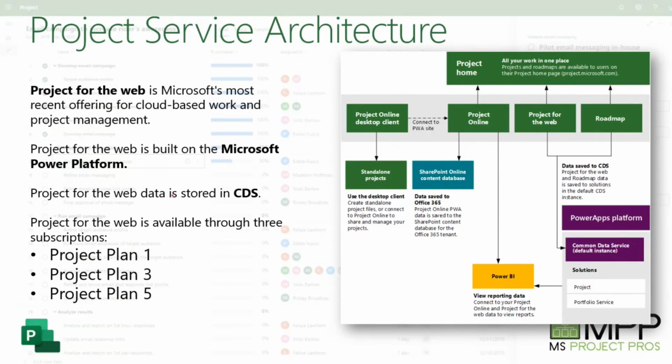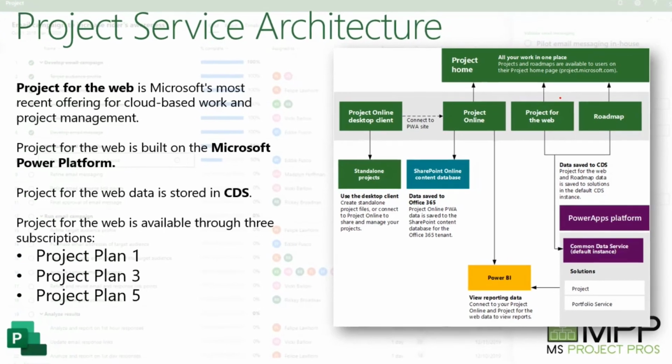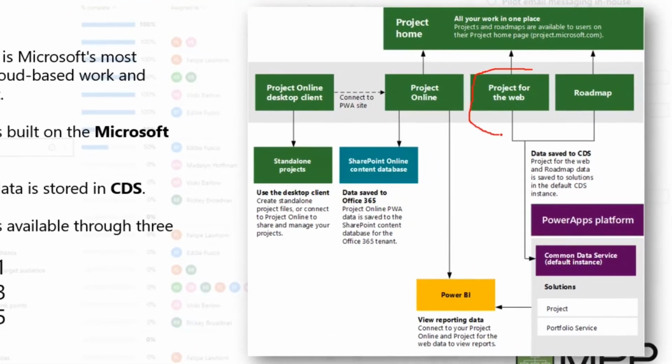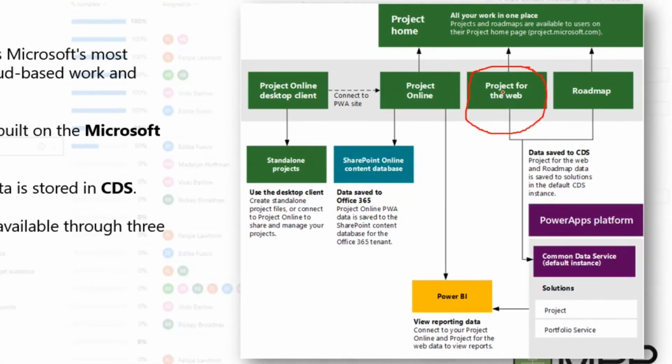So as you can see here, we have Project for the Web, right? Let's go through each part of these, which is right here, Project for the Web. Now, Project for the Web, as you can see here, is saying that the data is saved to the CDS. And if you follow that thread down, here's your CDS right here.